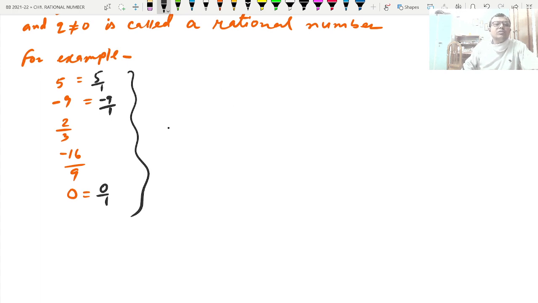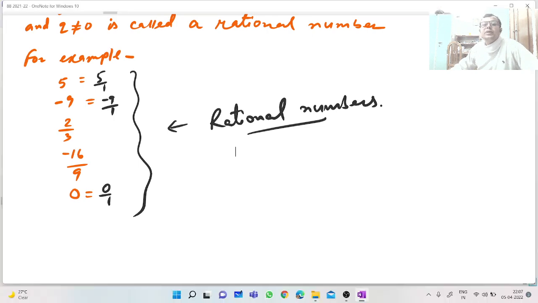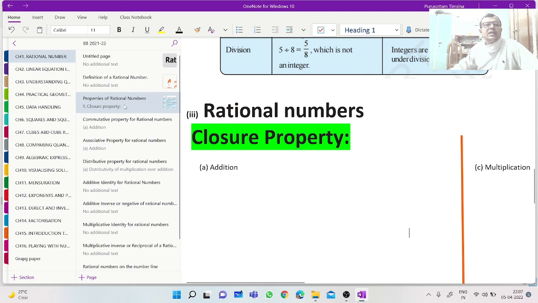So these all are rational numbers, right? So natural numbers are rational numbers, whole numbers are rational numbers, integers are also rational numbers. So all the numbers, whatever we have learned till today, are all rational numbers.